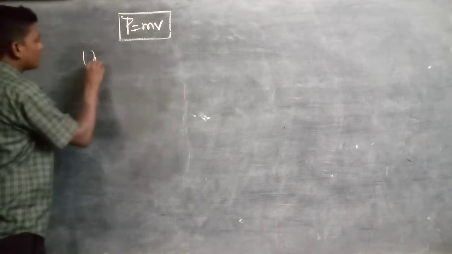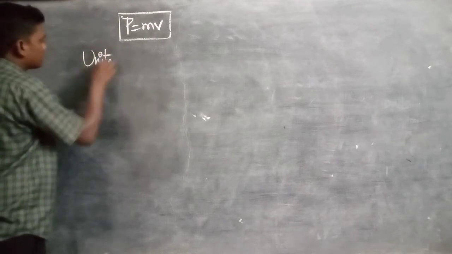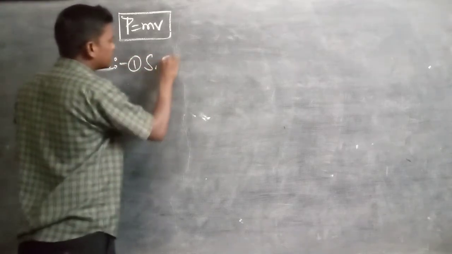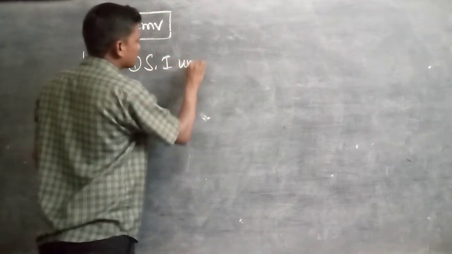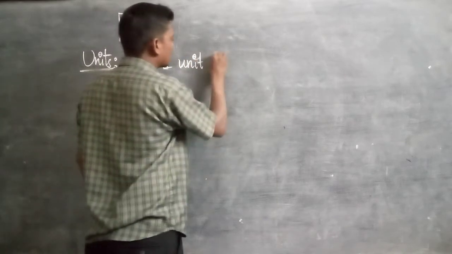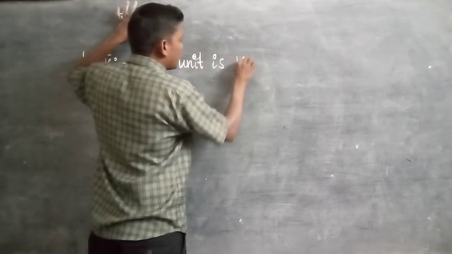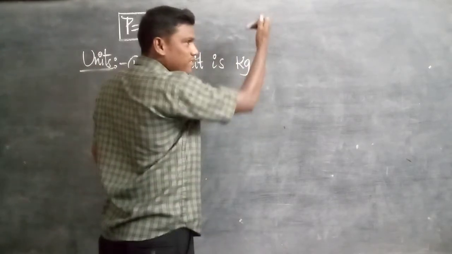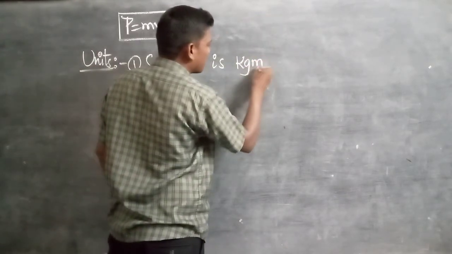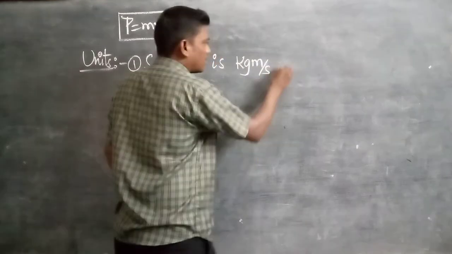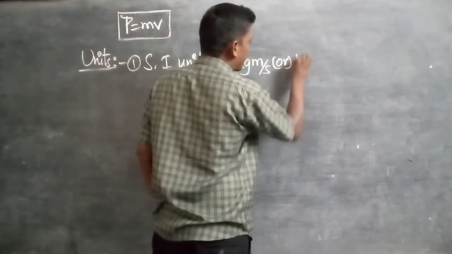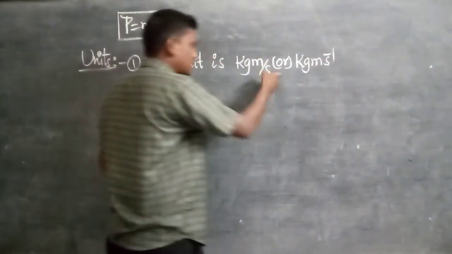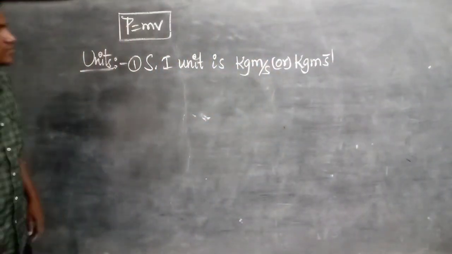Now, what are the units of momentum? The SI unit of mass is kilogram, and velocity is displacement by time, meter per second. So the unit is kilogram meter per second, or kilogram meter second power minus 1, since the second comes to the numerator side.